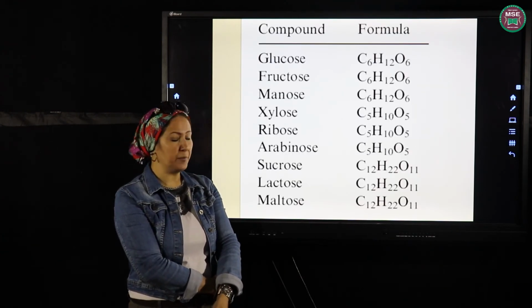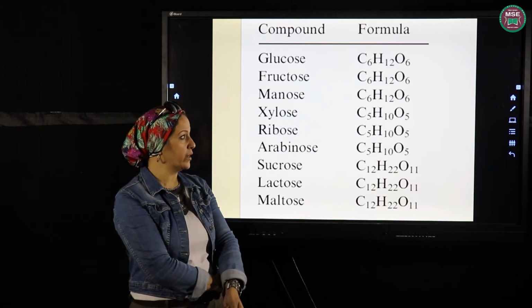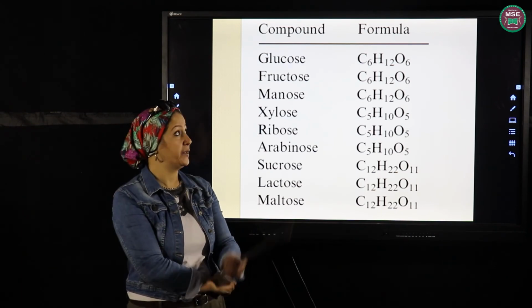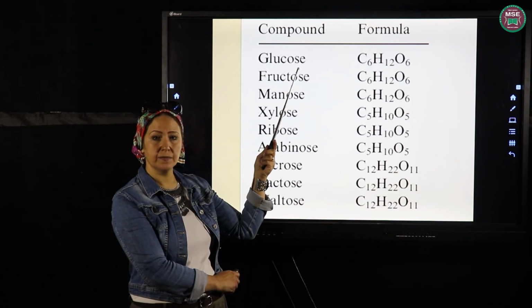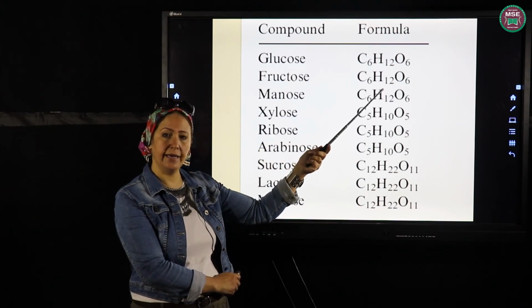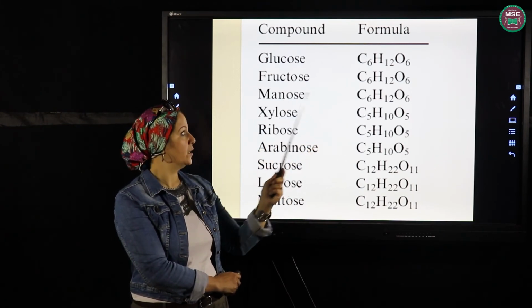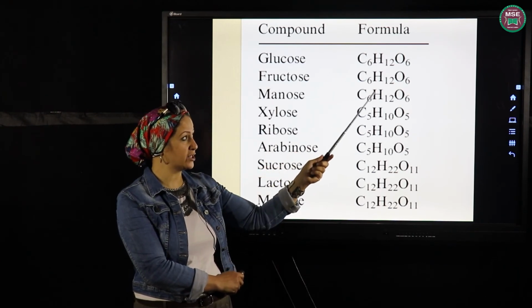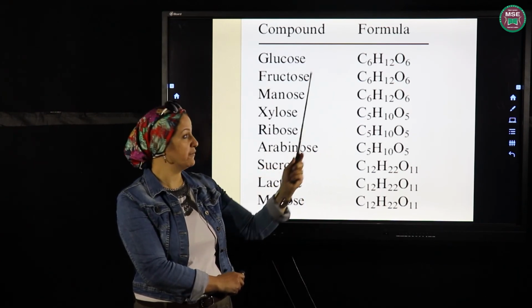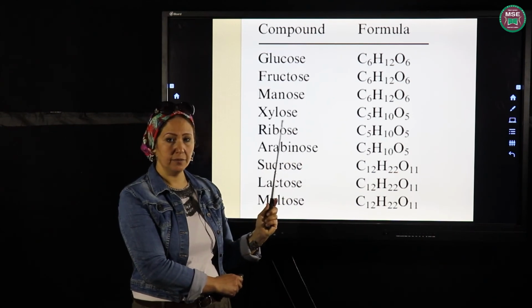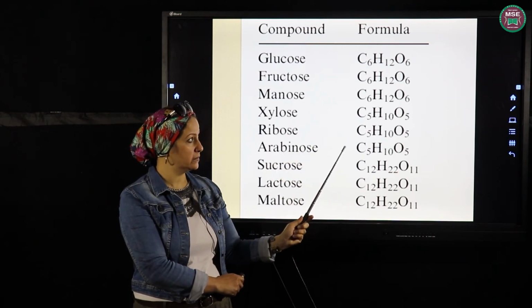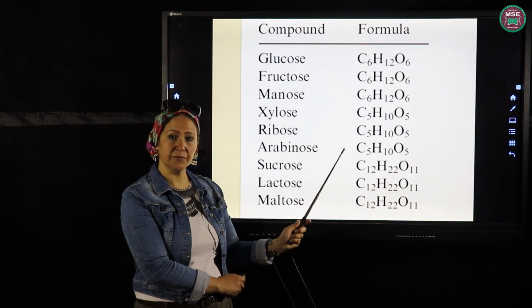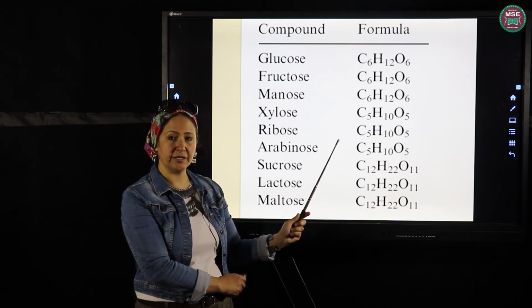These are examples of mono and disaccharides. So we have here, for example, glucose. Its chemical formula is C6H12O6. We have fructose, also with the chemical formula C6H12O6. We have other examples of monosaccharides, but take care that in all monosaccharides, the number of carbon atoms ranges from 3 to 6.